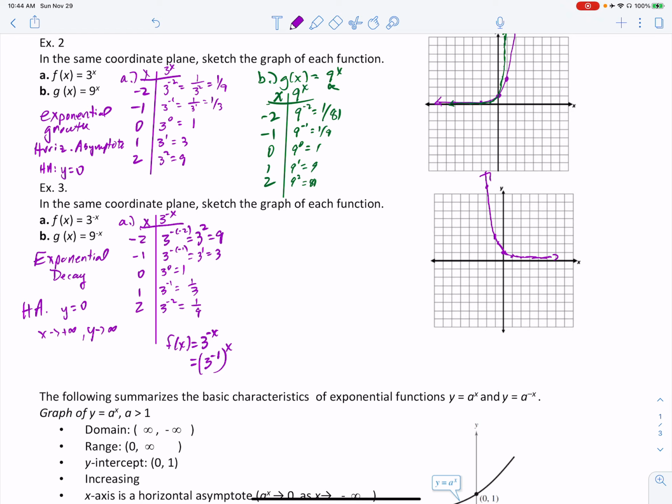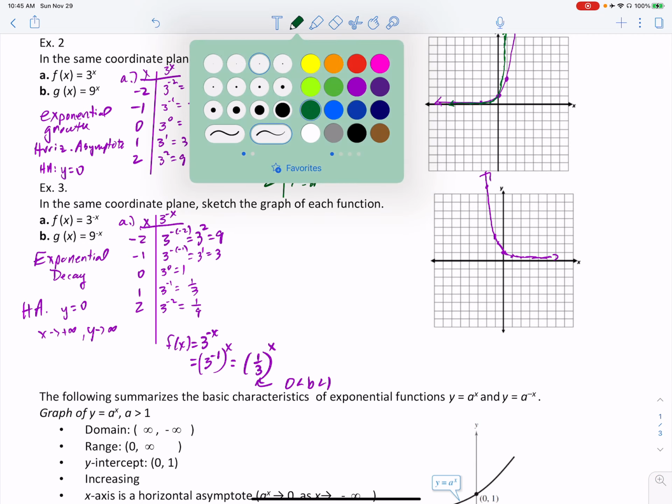If I went backwards, I get 3 to the negative x. And 3 to the negative 1 is 1/3, so this is actually 1/3 to the x. And when that base is between 0 and 1, and that exponent's just a positive x, you're going to expect exponential decay, that it's going to decrease as we go from left to right.